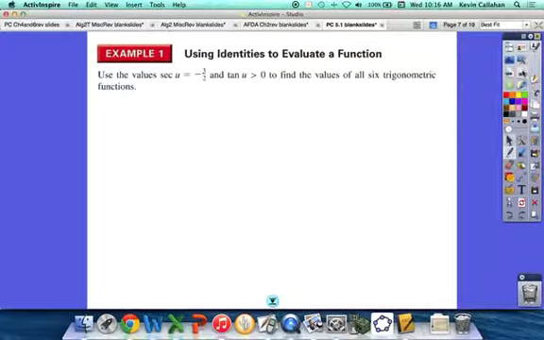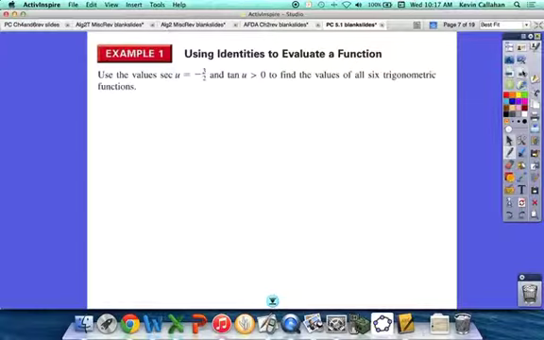Which quadrant are you in? Cosine is negative, tangent is positive. No, tangent is not positive in the second quadrant. The third quadrant, right? Cosine, which is to the left of the middle, is negative in that quadrant. And remember, tangent is sine over cosine. So since sine and cosine are negative in the third quadrant, tangent is positive.